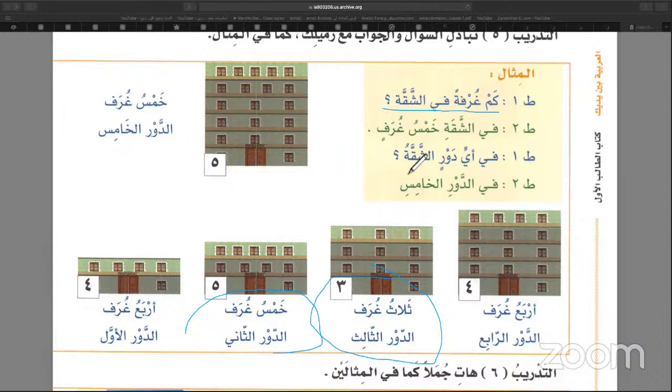What does that mean? Which floor in the apartment? Yes, in which floor of the apartment? Go ahead.